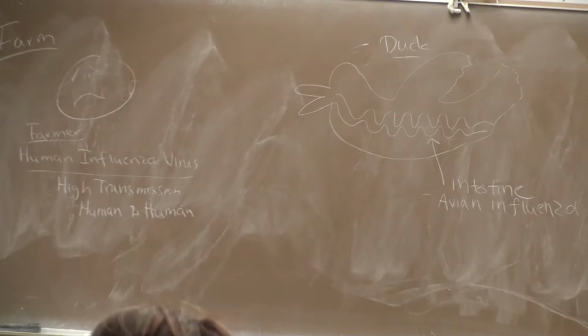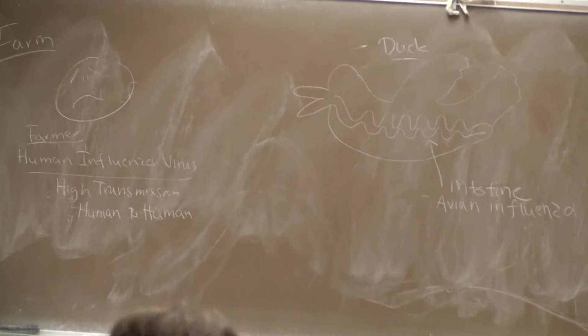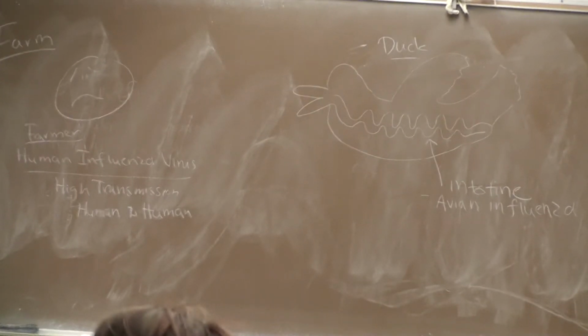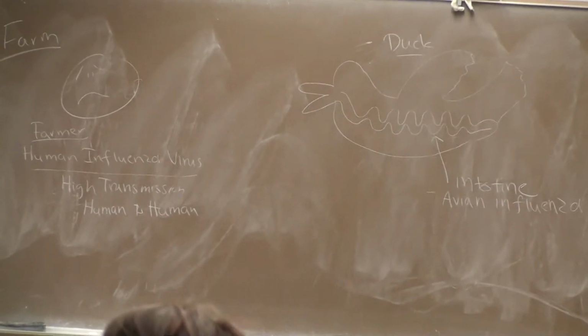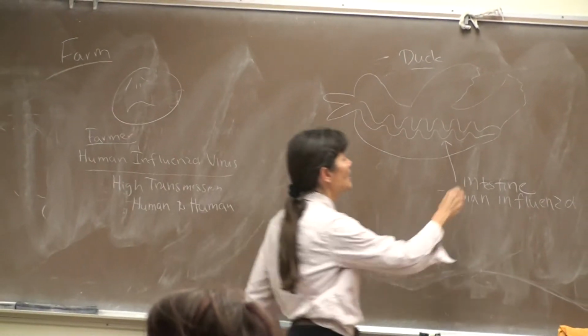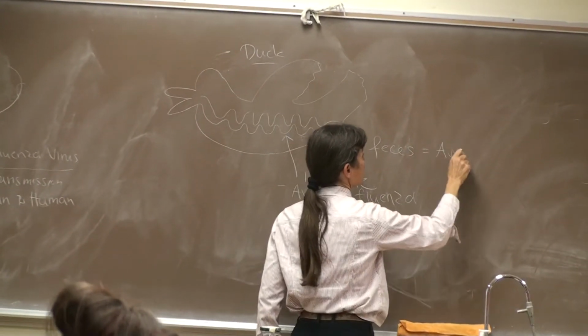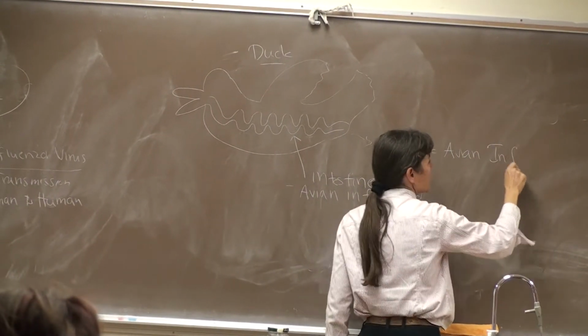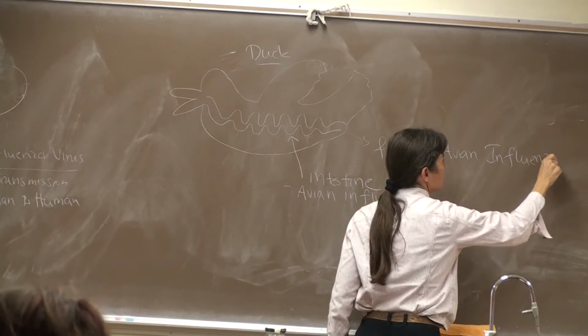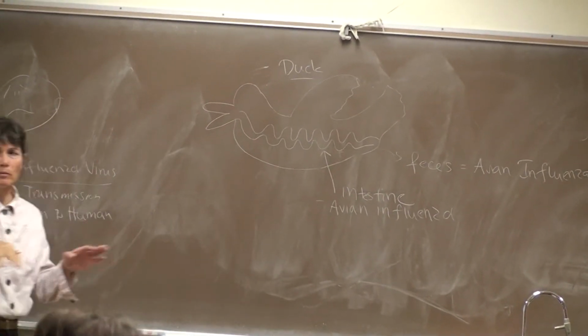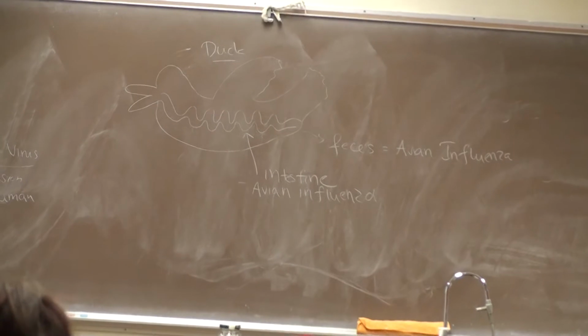Presume all the body secretions are contaminated. All the body secretions, in theory, could be carrying avian influenza. But we need to remember that feces is going to be a rich source of avian influenza. That's something I never think of because I always think of it being a respiratory tract infection. So remember, in birds, feces are going to be a rich source.